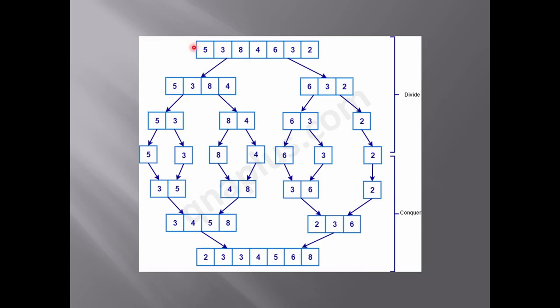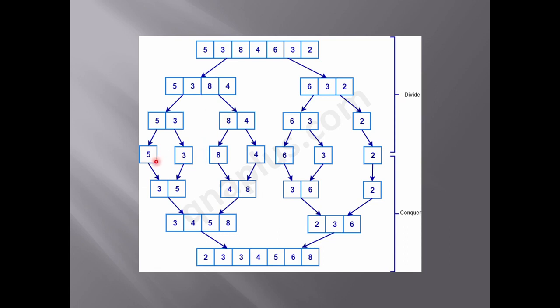It is an unsorted array. We are going to solve it by the divide and conquer rule. First, the whole array is divided into two equal parts, and the first part is divided into another two equal parts. Likewise, it divides until it gets a single index.